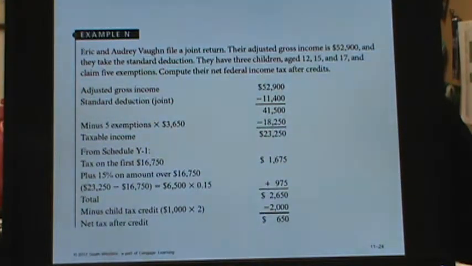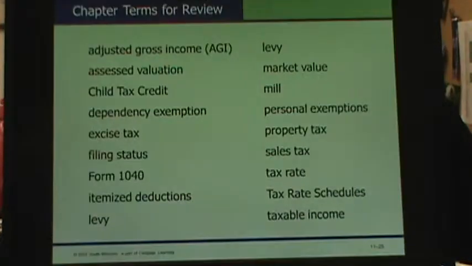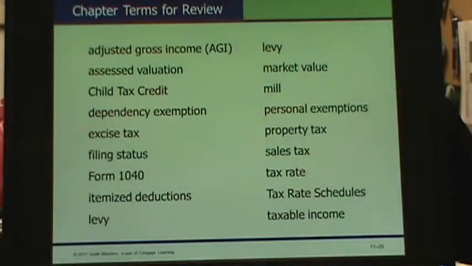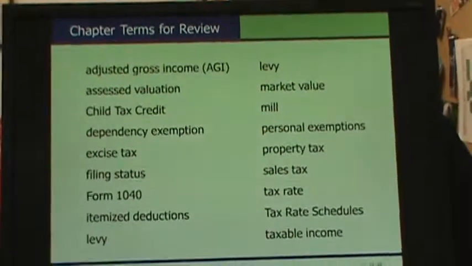Add that $975 to our $1,675 and we get $2,650. Then we subtract our child tax credit. They have 2 children, so they have a tax credit of $2,000 and they ended up paying $650 in taxes. And there are your terms for review. And that concludes chapter 11.